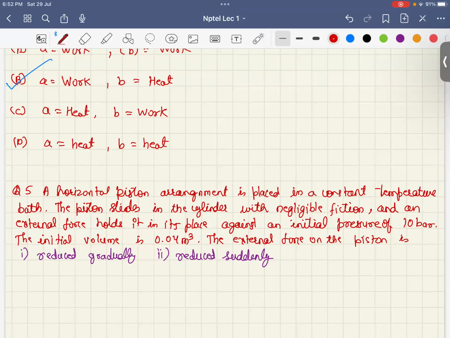In both the cases we have to find the work done by the gas.